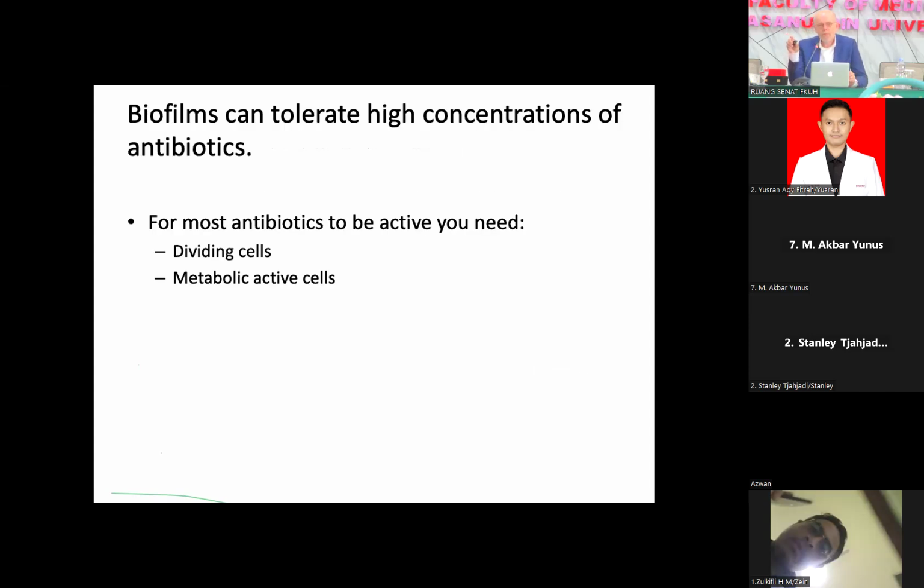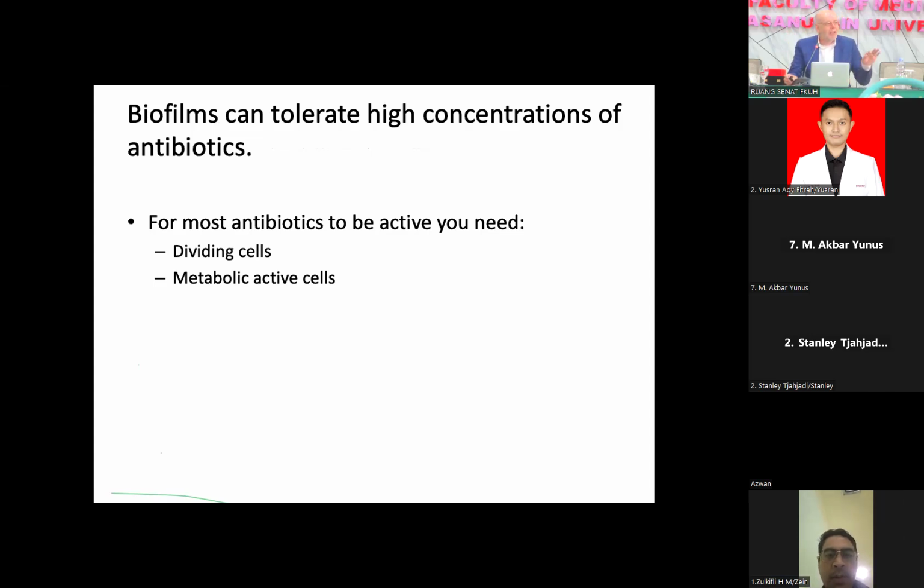Furthermore, for antibiotics to work, a lot of them work only on dividing cells. And it has been known for quite some time that a lot of these bacterial cells in a biofilm are less active.